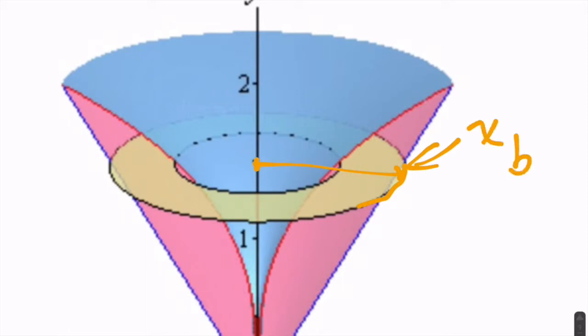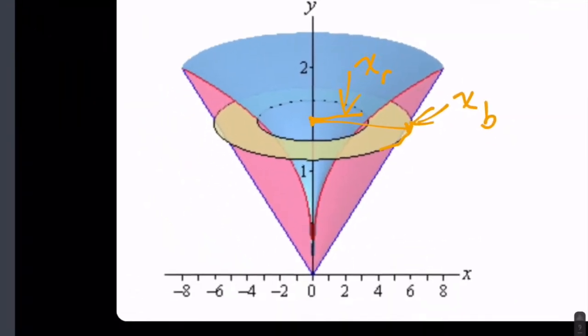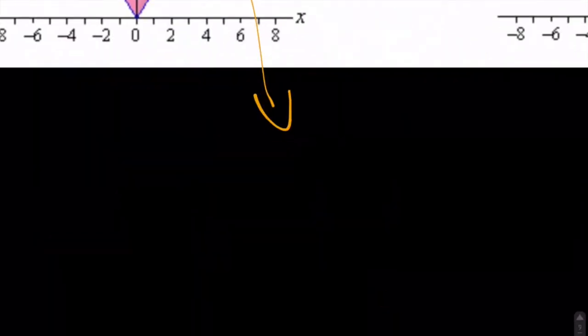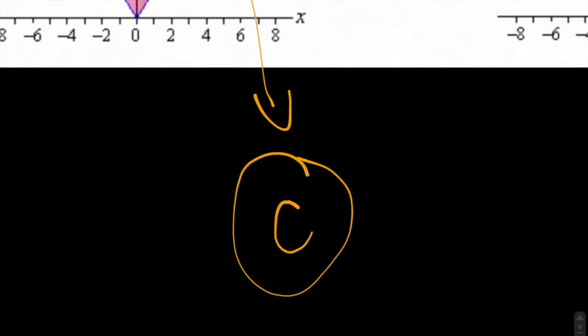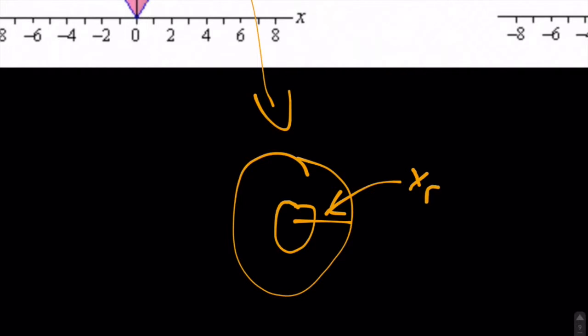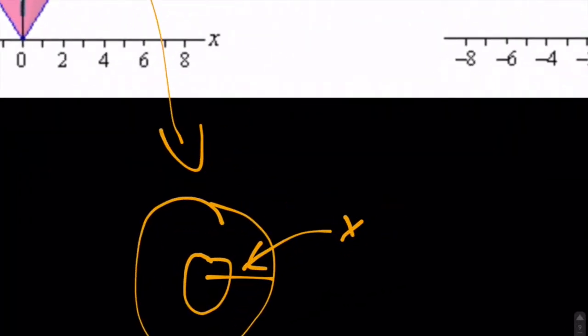And the inner radius will be represented by the x value of the red function, which we'll call x of r. If we draw this out as a washer, x of b is outside, and this is x of r, the inside.